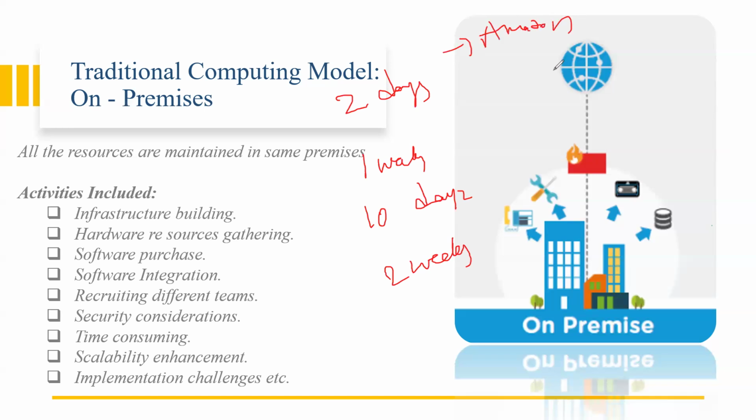Amazon is running with 1,000 VMs, 1,000 servers, to maintain the regular, normal connectivity. When you announce sales, definitely the traffic will be increased, the load will be increased, and connectivity will be increased.